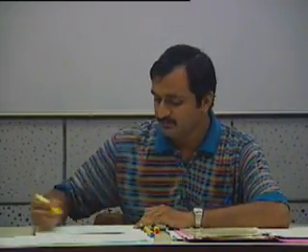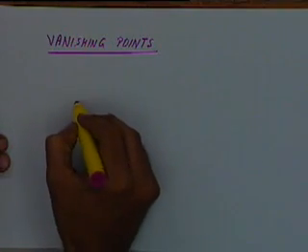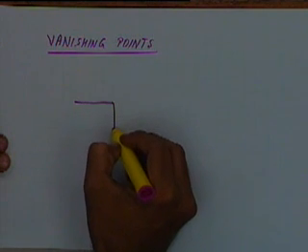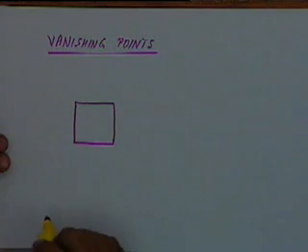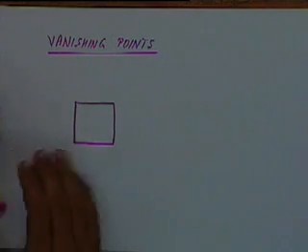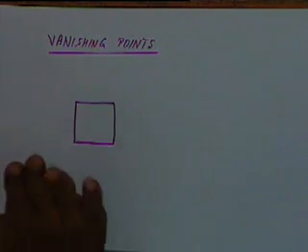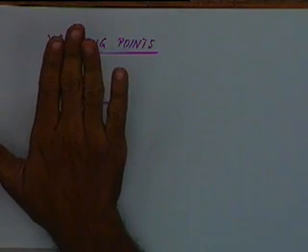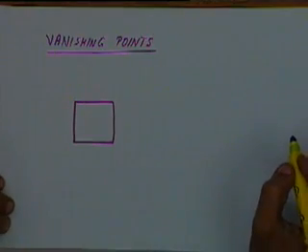See, vanishing points: if you have a set of parallel lines, let's say I want to draw a cube. In this case I am taking the projecting plane to be parallel to the front face of the cube. In one of the earlier classes I gave the example of the railway track.